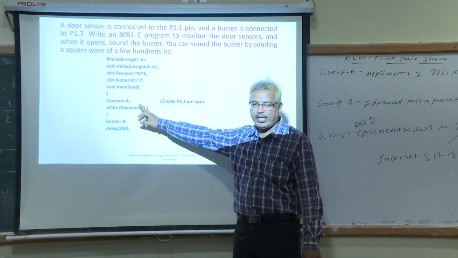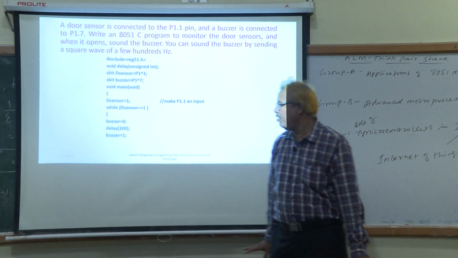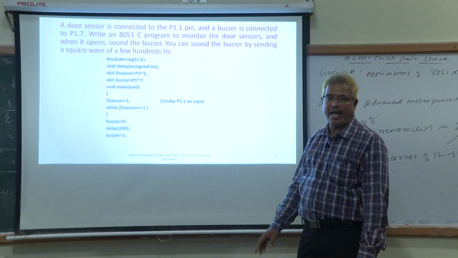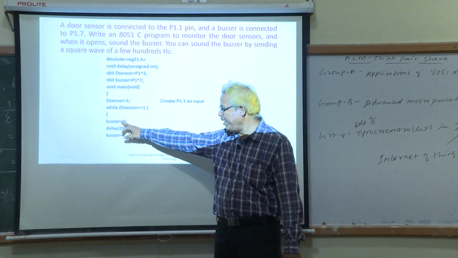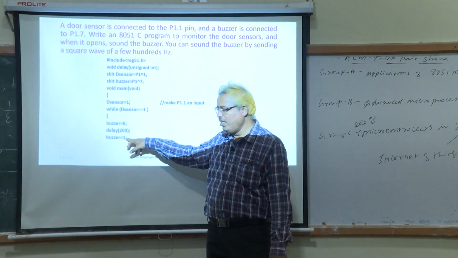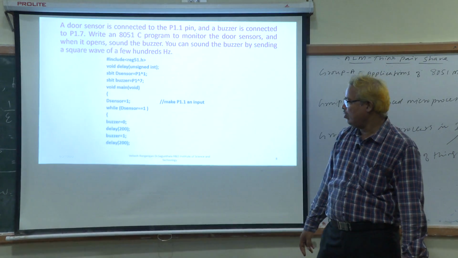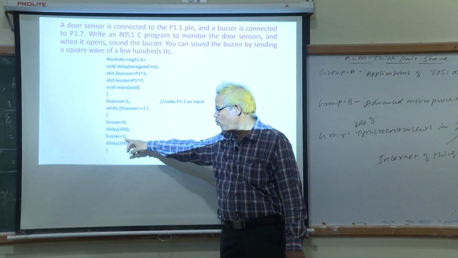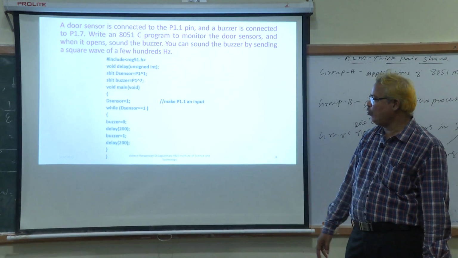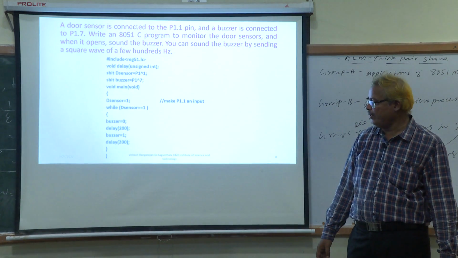Door sensor equal to 1 means the door is open. When the door is open, the buzzer has to be activated by giving a square wave. For the square wave, 0 and 1 are given with a 200 millisecond delay: 0, 200 millisecond, 1, 200 millisecond. The 200 millisecond delay can be created from the previous program.